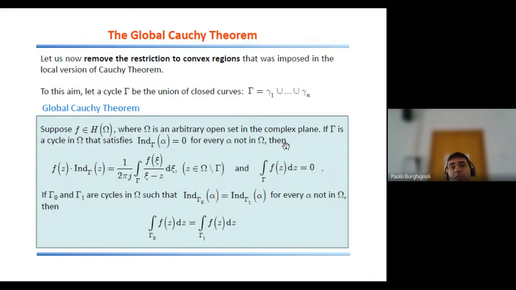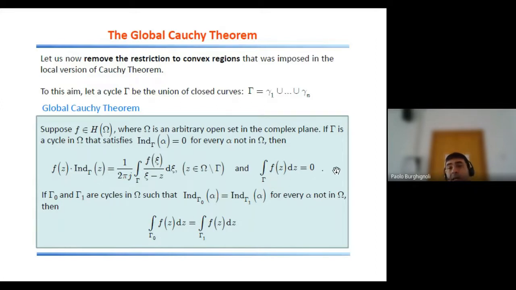Then what happens is that you may evaluate the function f by means of the Cauchy integral formula, as we stated it in the local form, for any z which is in omega, but is not, of course, on gamma, which is the integration domain. And furthermore, the integral along gamma of the function f itself is equal to 0.